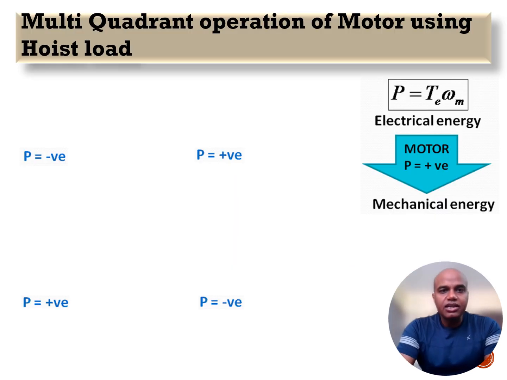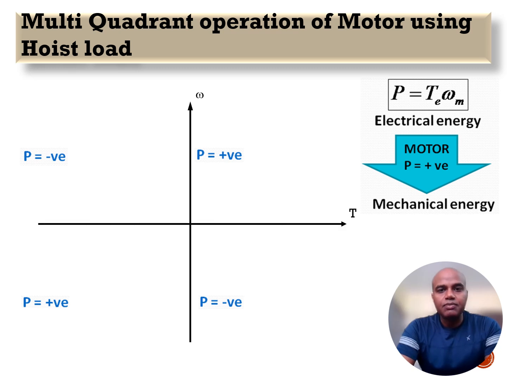So let's understand the multi-quadrant operation of any motor, whether it is AC or DC, by using one hoist load example. To do so, I'm having these four quadrants divided, with the angular speed on the vertical axis and the torque on the horizontal axis.